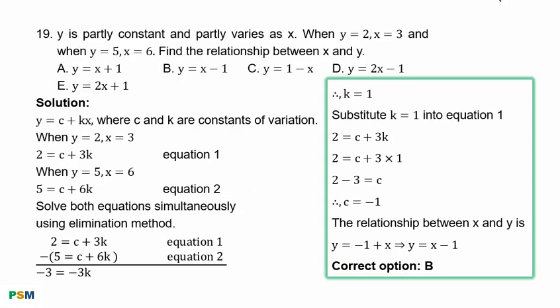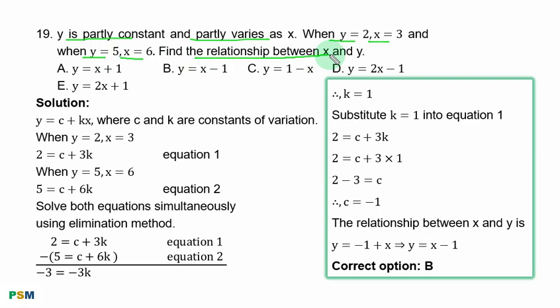Question 19. Y is partly constant and partly varies as s. When y is equal to 2, s is equal to 3, and when y is equal to 5, s is equal to 6. Find the relationship between s and y.